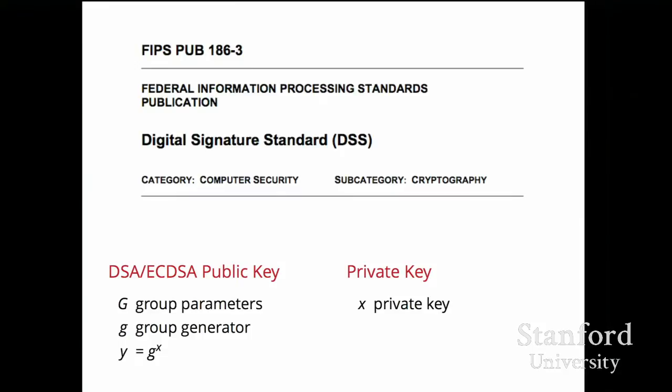So for the digital signature algorithm, there's some public parameters which specify some group, and then you've got a public key, which is essentially what you would give out for Diffie-Hellman, although this group is different. And then the private key is the discrete log of the public value.